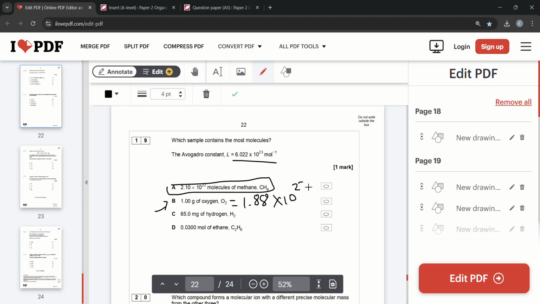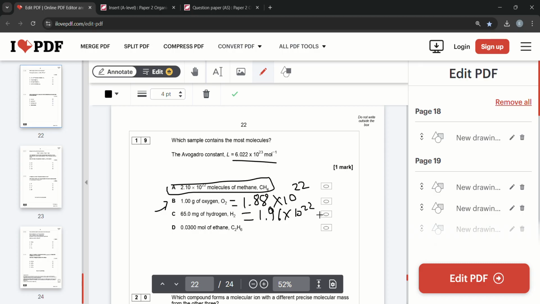the power 22. Do the other one, well, milligrams to grams, so we're going to have to do 0.065 divided by 2, and then times 6.02 times 10 to the power 23. That'll give me 1.96 times 10 to the power 22.